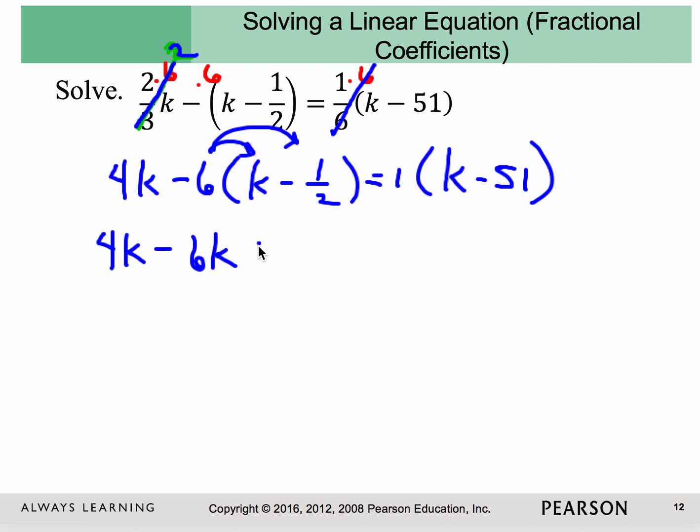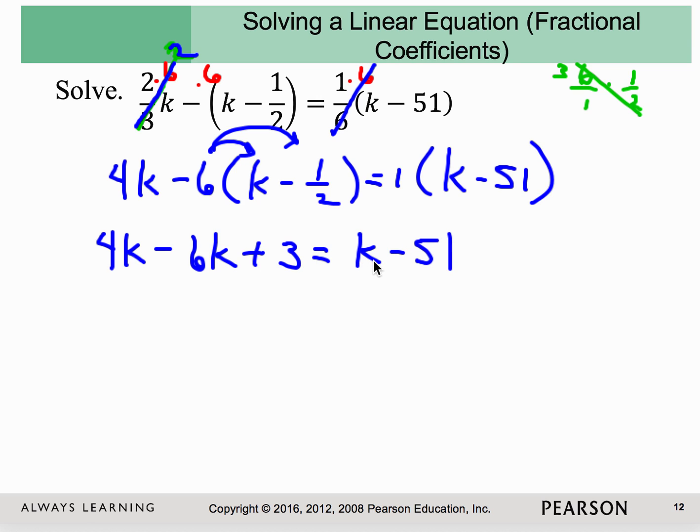A negative negative is a positive, and 6 times a half, or a half of 6, is 3. And then 1 doesn't change, k minus 51.